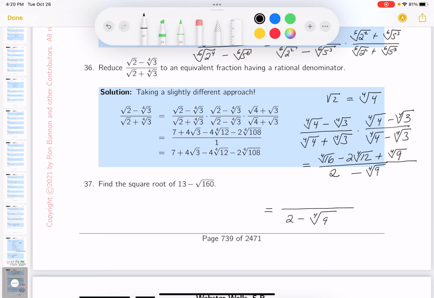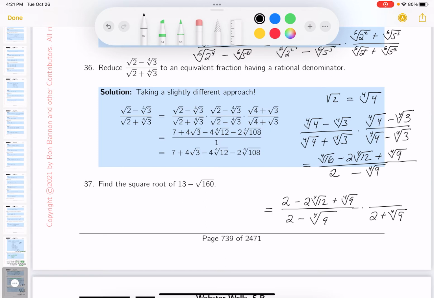The top is the fourth root of 16, which is 2, minus 2 fourth root of 12 plus the fourth root of 9. Let's multiply the conjugate. The bottom is going to be 2 minus the fourth root of 9.